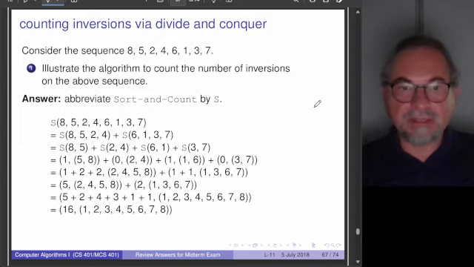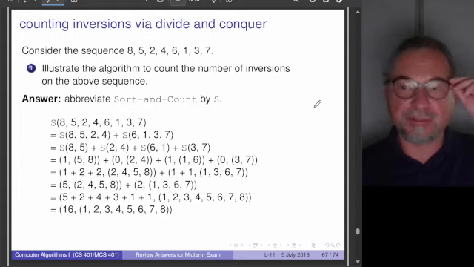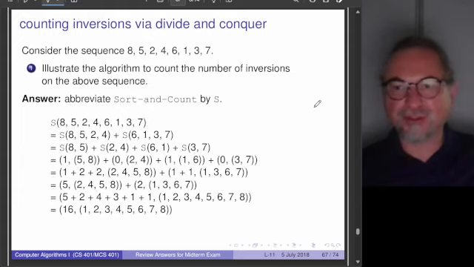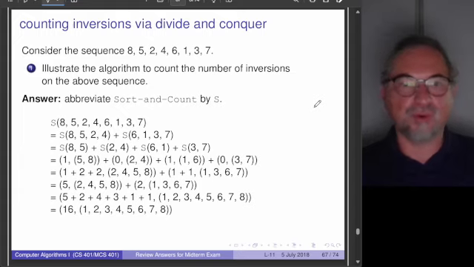So with this bracketing notation, the tuple that is returned, the sort and count returns the sorted sequence, and the first number is actually the number of inversions. If you are a practical person, think about sorting arrays in place. You could have one extra argument up front or at the very end to record the number of inversions.